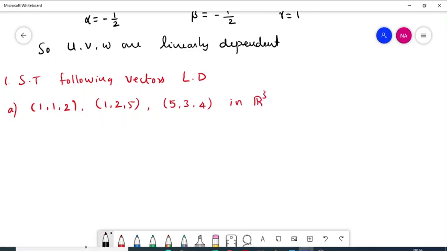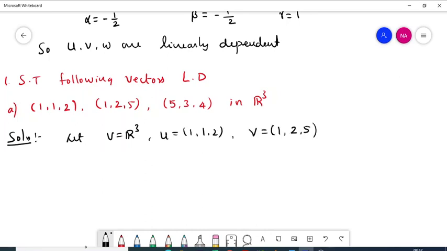Solution. Let V be R power 3 or R cube, U to be (1, 1, 2), V is (1, 2, 5) and W to be (5, 3, 4).